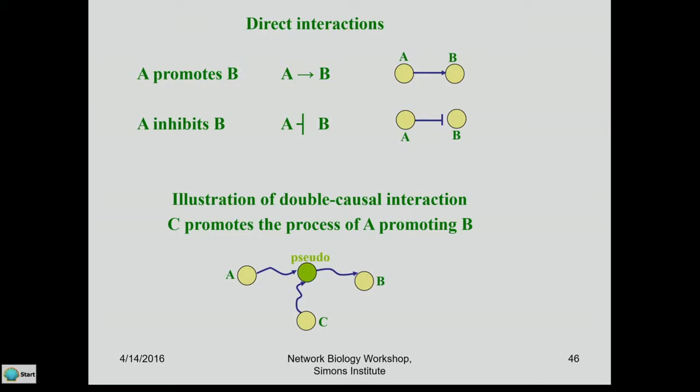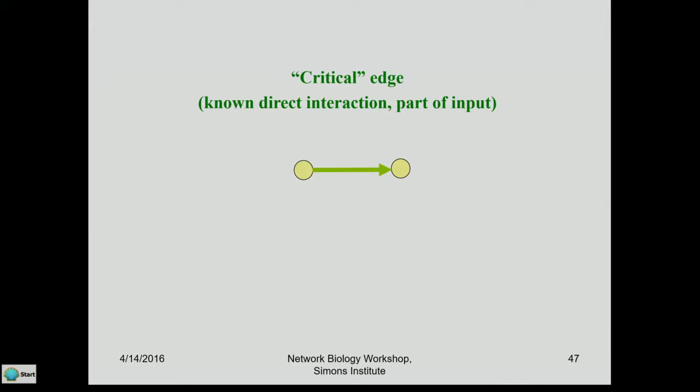Direct interaction is like this, and double causal or chain-type interaction is where these 2 are affecting each other through some intermediate node that you don't know. A critical edge means an edge that you are 100% sure is the right edge. There is no way it should be deleted from the network.